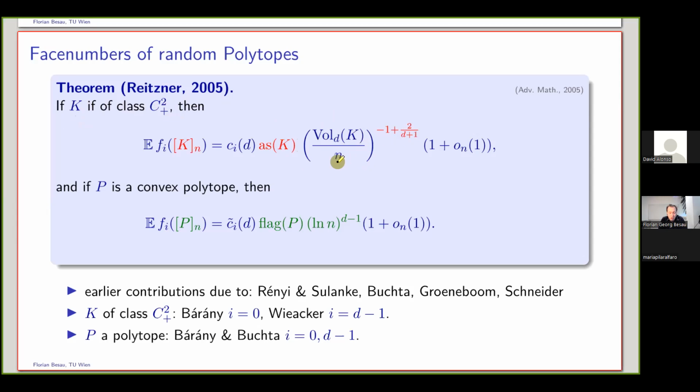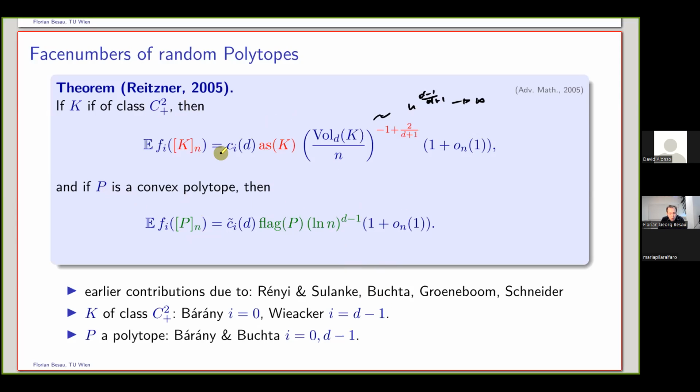So actually this is asymptotic to n to the power d minus 1 over d plus 1. So this converges to infinity. So the number of i-dimensional faces grows to infinity as n goes to infinity. And again, the affine surface area is essentially controlling the constant. And in the polytopal case, the flag number is controlling this, and we have a logarithmic rate. So also here the number goes to infinity, and the rate is logarithmic to the power d minus 1.